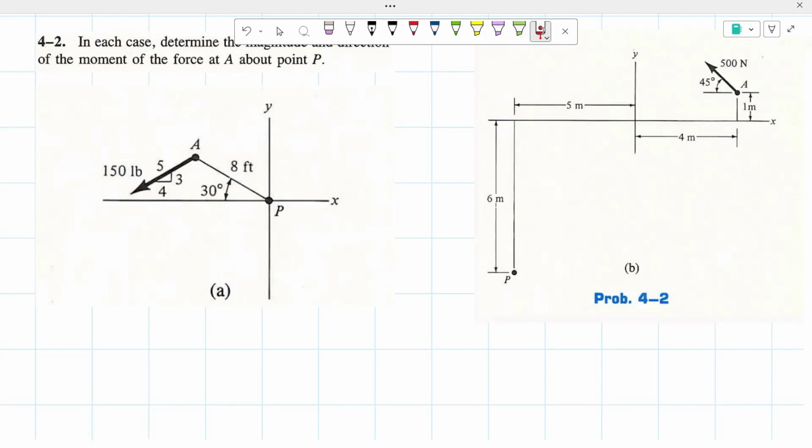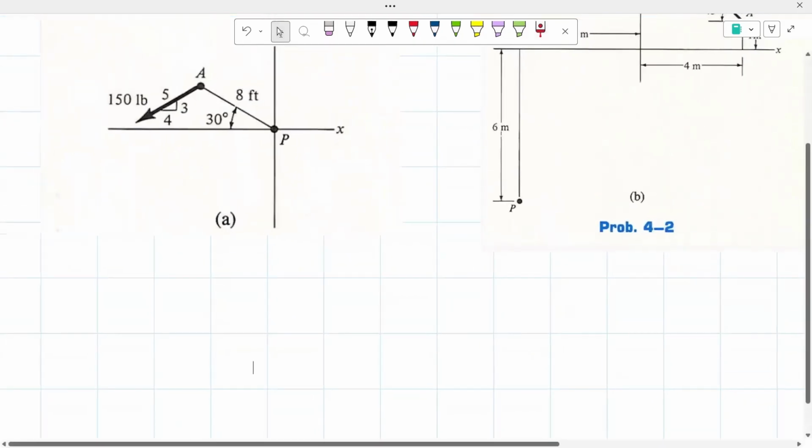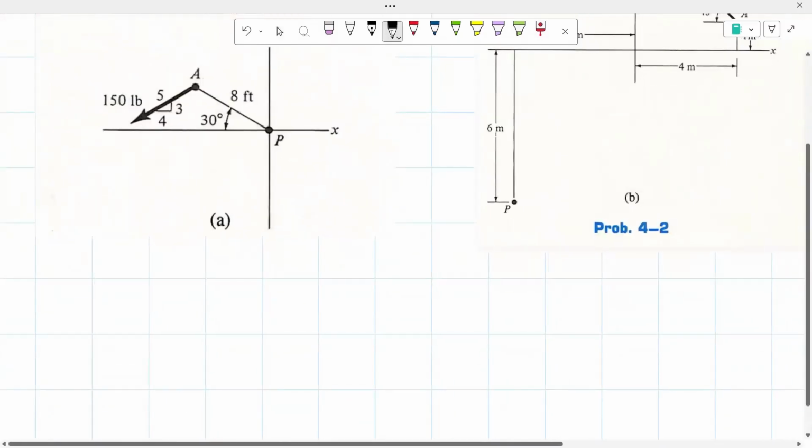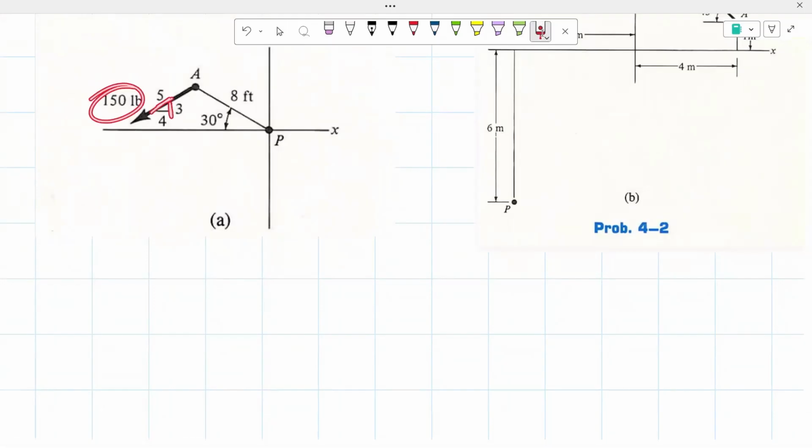What we're going to do is solve for the forces first, and then from there solve for the moment. To find the y force, or the vertical force, we know that we can multiply the 150 pounds by 3 over 5. If we look at this like a triangle, this side is 3, this side is 4, this side is 5, and we're trying to find the force of the side of 3, and we're working with the side of 5.